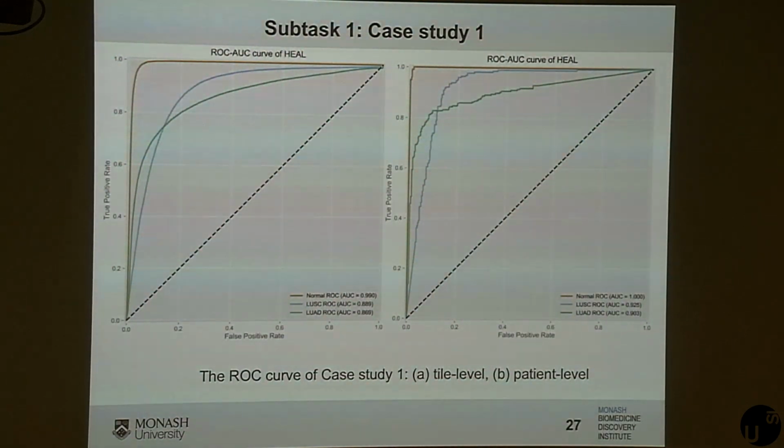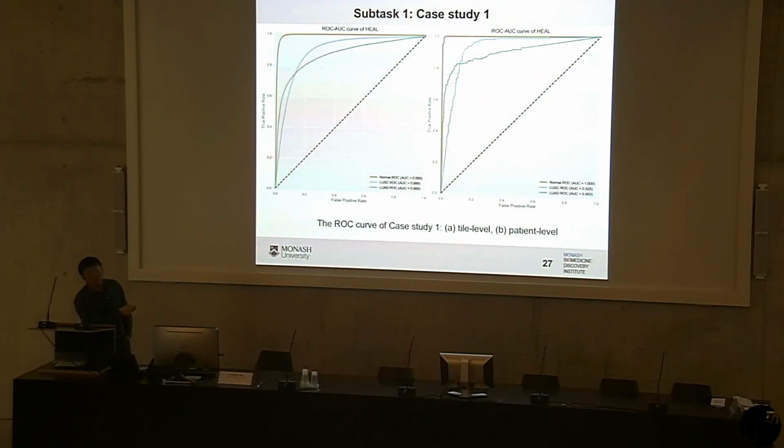This is the ROC curve performance for cancer diagnosis analysis, like for classifying whether the slide is normal tissue, or is any of the subtypes of lung cancer, either LUAD or LUSC. This is the performance of the HEAL trained model at the patient level, and this is at the tile level.